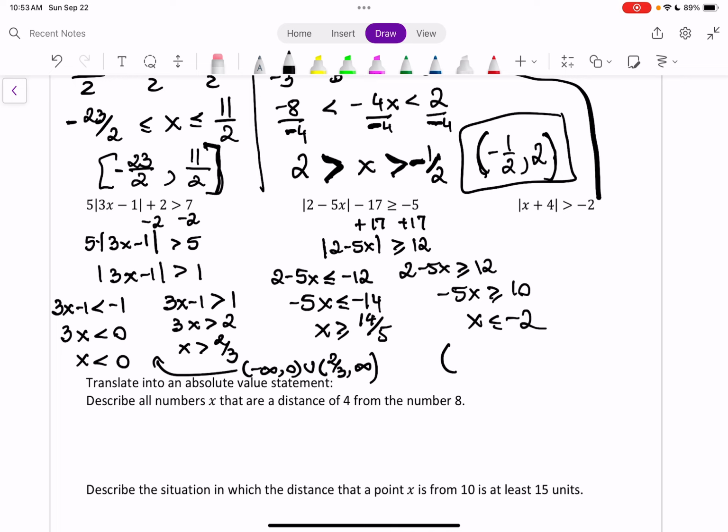Either x is less than negative 2, so negative infinity up to negative 2, or more than 14 over 5. So from 14 over 5 to infinity.